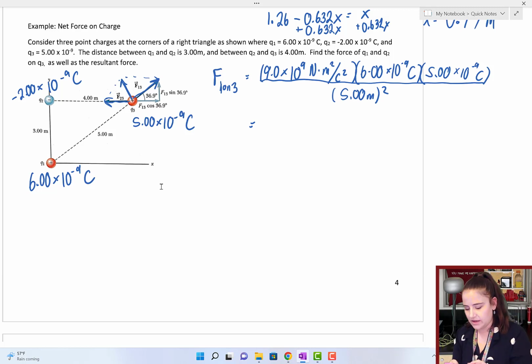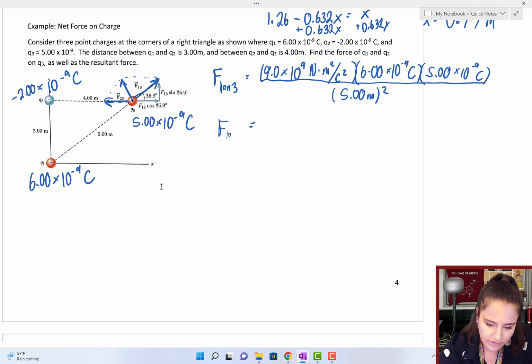When we solve that out, we get 1.08 times 10 to the negative 8. So the force of 1 on 3 is 1.08 times 10 to the negative 8 newtons.